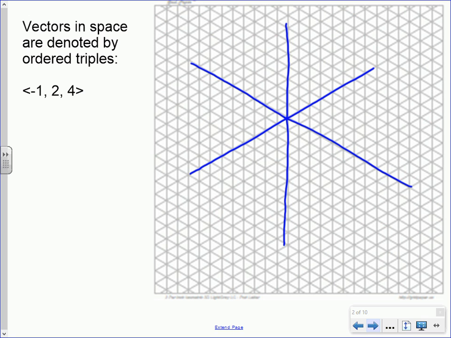That signifies that it is a vector, not a coordinate. Okay, so -1, 2, 4 is there. So our vector will begin at the origin and then stop at that point. So there's our vector lying in octant number 2.